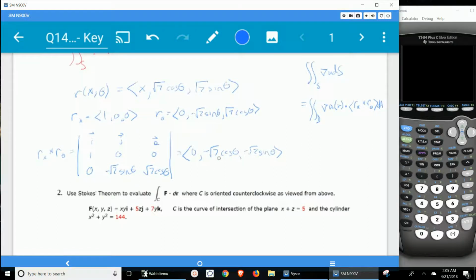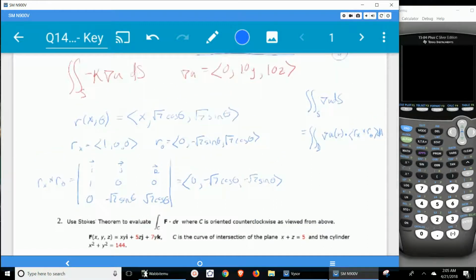So we're going to dot this with the gradient of U evaluated at R. Let's go ahead and do a different color just so we know what we're doing here. So this guy right here would be, well, that's just 0.